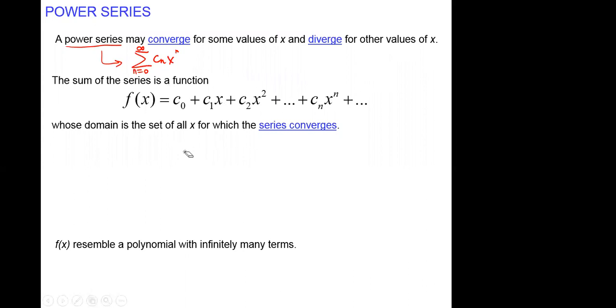That's how we can call a power series a power function, of course with infinitely many terms, only with the domain being the interval where the power series is convergent.